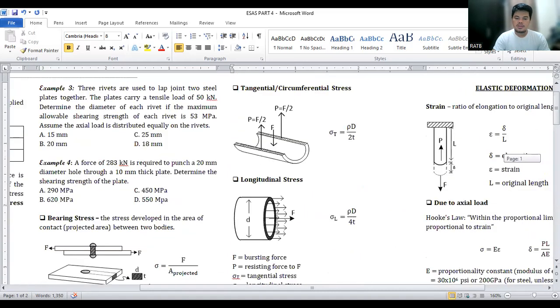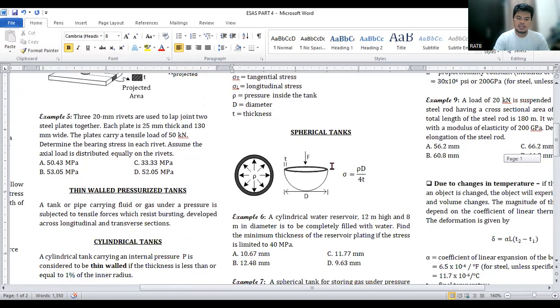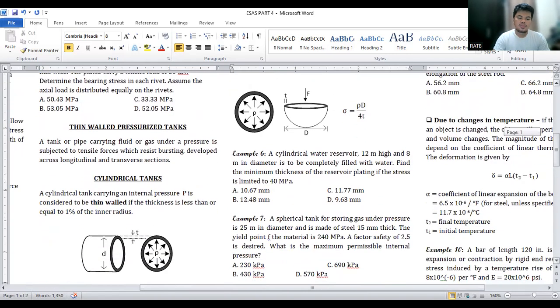Okay, so spherical tanks, this one. So we denote the term thin wall if, as given, the thickness is equal to 1% of the inner radius.